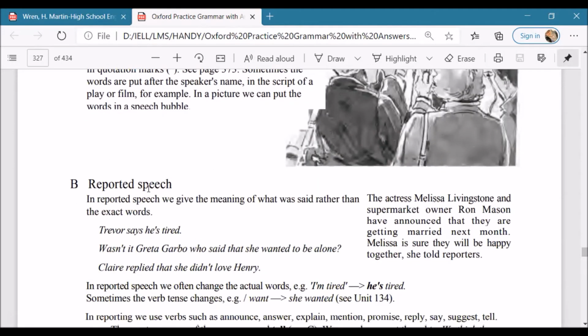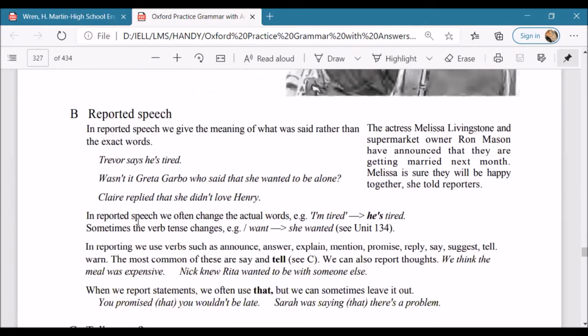Then we have reported speech. In reported speech, we give the meaning of what was said rather than the exact words. Sometimes to contextualize the speech or the idea, we have to make certain tweaks or amends in what we are saying about the idea that was shared. For example, someone said on 1st January, "Today is the best day of my life."